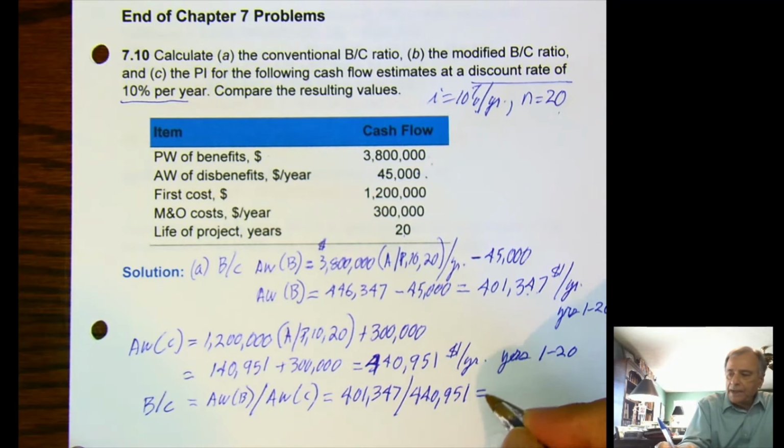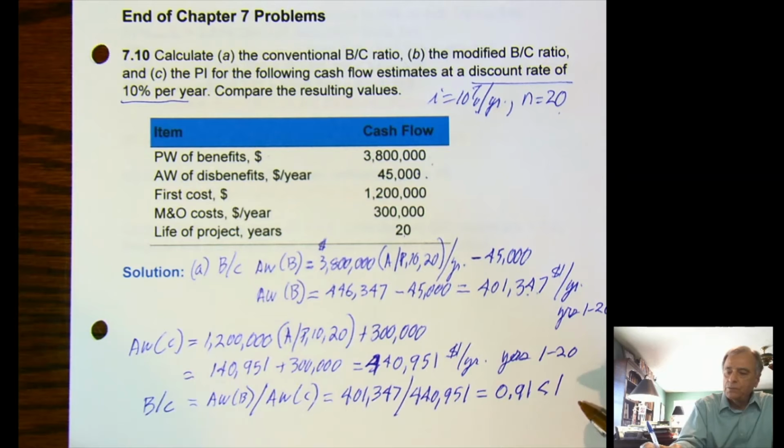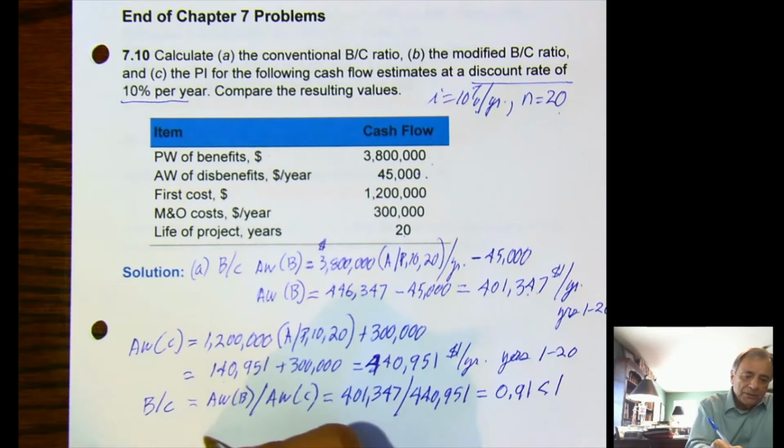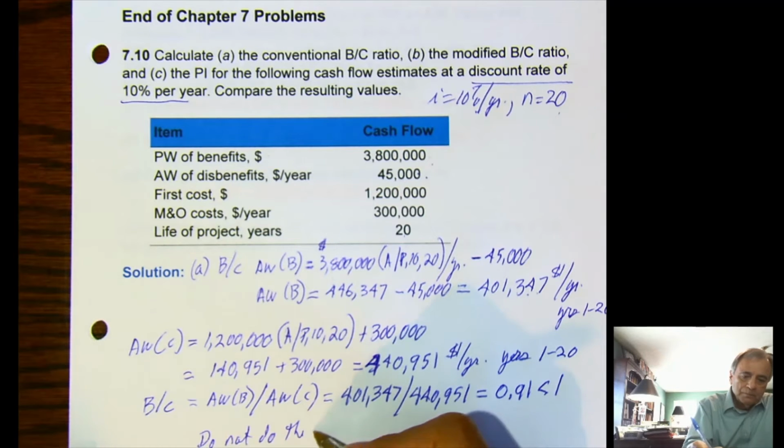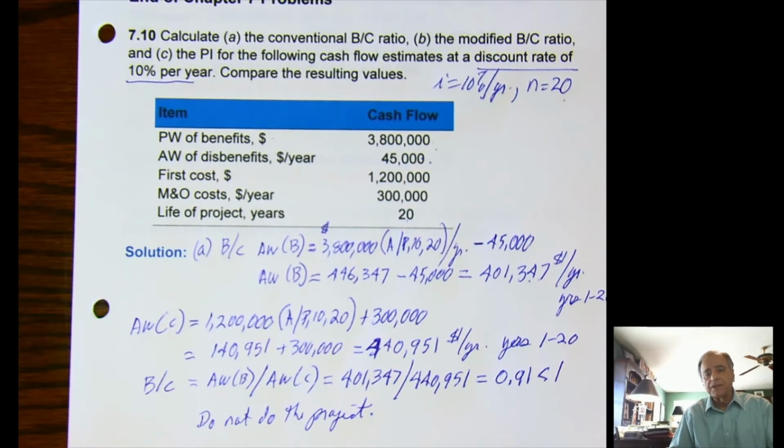If you do that division, you get 0.91, which is less than 1. So do not do the project. Or another way to put that is it's not economically justified.